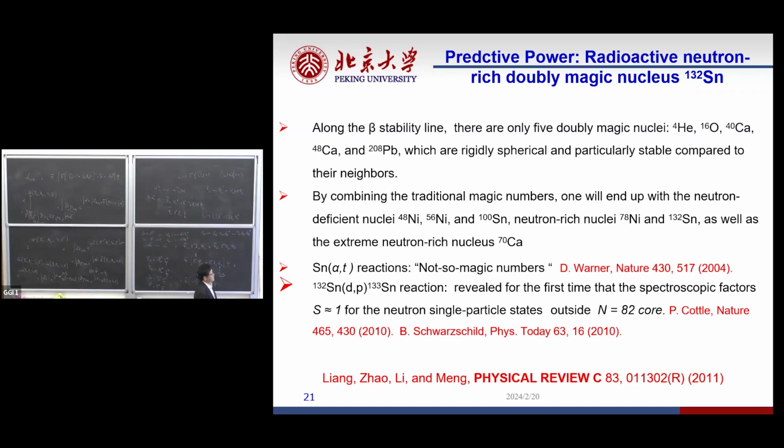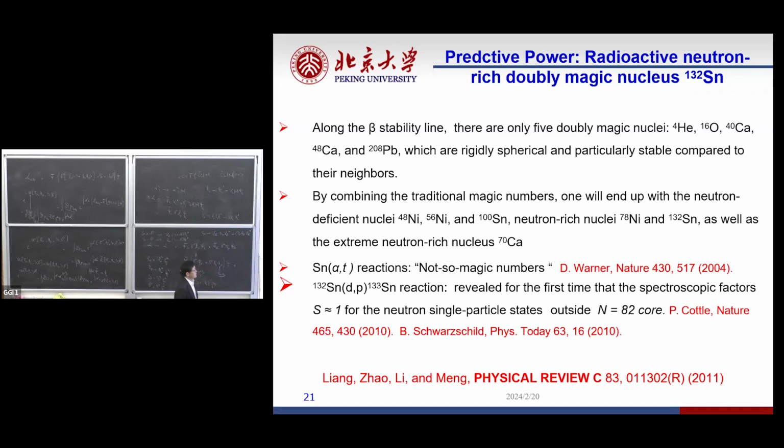There are several experimental efforts trying to find, for example, the single particle levels. In such a way, we can tell whether, far away from the stability line, these magic nuclei are still there. For example, in one alpha-tin reaction, it was suggested that tin-132 is not so magic.